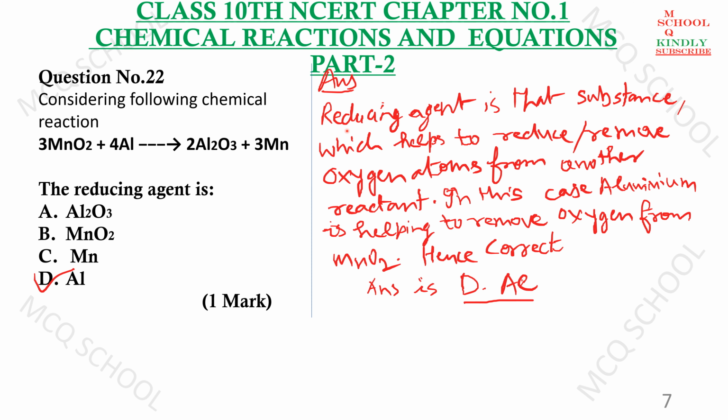We know that a reducing agent is that substance which helps to reduce or remove oxygen atoms from another reactant. In our case manganese oxide has oxygen, and aluminum helps to remove oxygen from manganese oxide, hence the correct answer is D, aluminum.